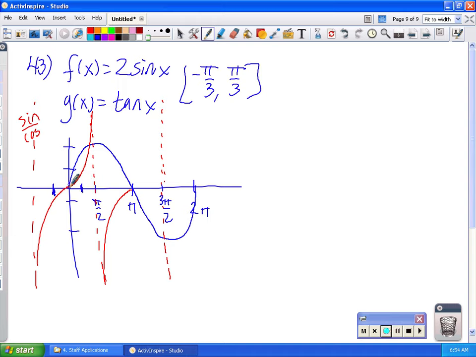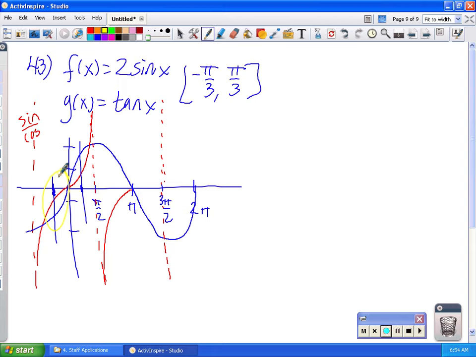So we need to continue the sine wave, which goes like that. So the only thing that's going to go on here is that there's negative pi over 3, there's positive pi over 3. The big deal is that on the left side of the x-axis, right here, the tangent curve is on top, and on the other side, the sine curve is on top.